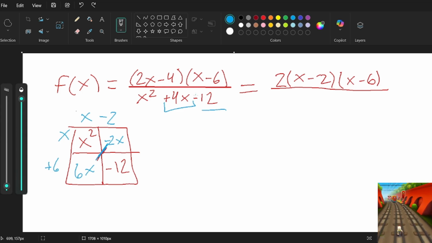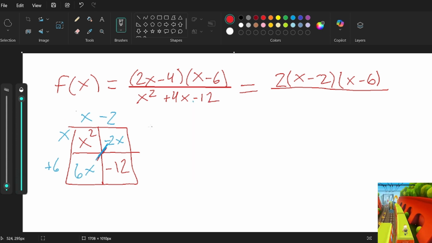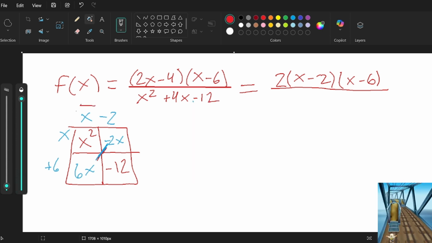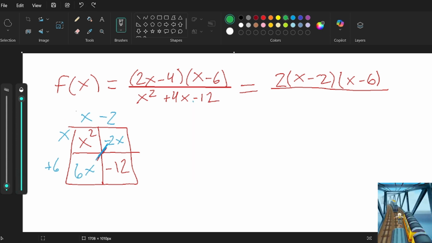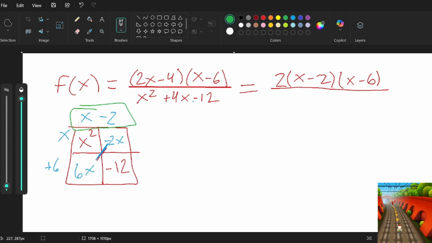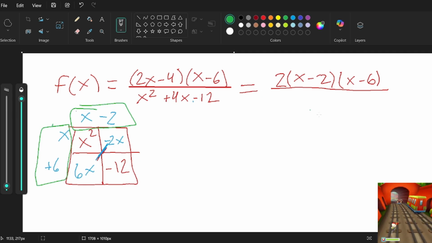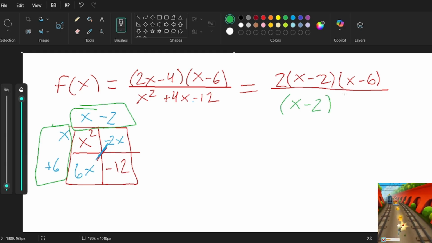That's the whole point of me doing that box. So this x minus 2, let me choose a new color just to color code it all, x minus 2 and this x plus 6, I can write in my new denominator. So I have x minus 2 times x plus 6.